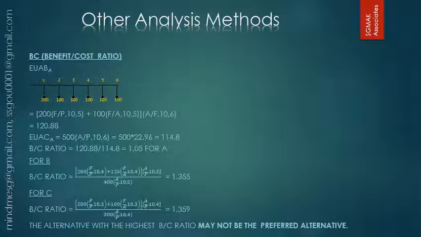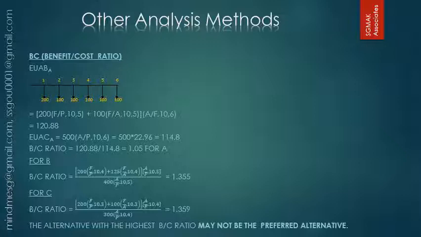For B, look at the factor here, everything taken to the future and then converted into annuity in the numerator to get your uniform annual benefit, and then the denominator is uniform annual cost. Ratio for B is 1.355 and ratio for C is 1.359. One word of caution here, the alternative with the highest ratio may not be the preferred alternative.